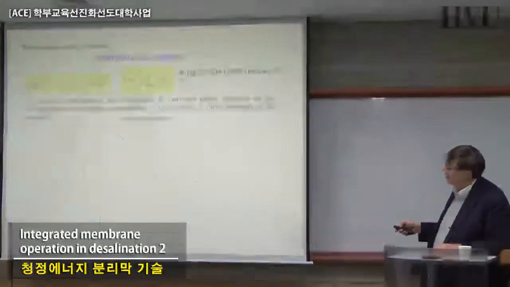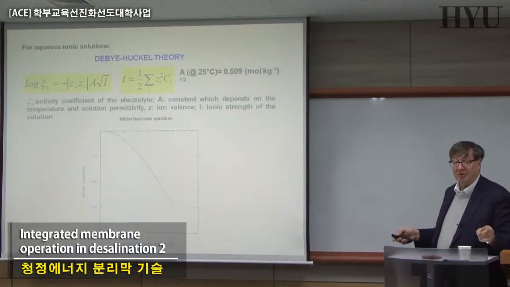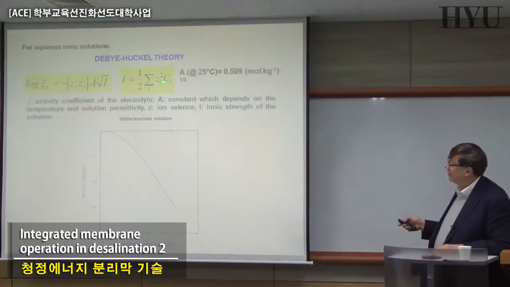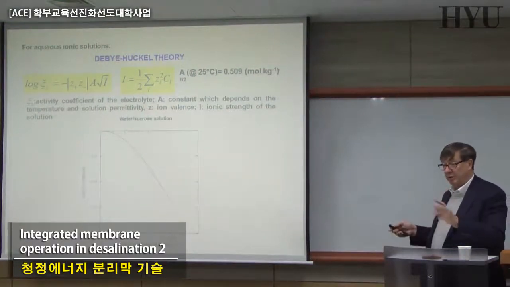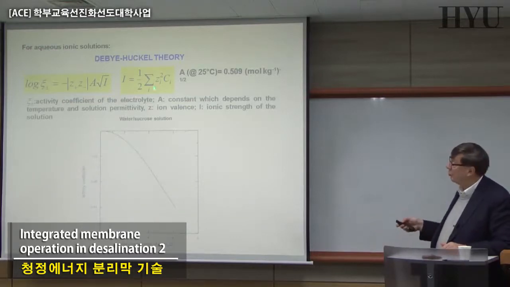So this equation is telling you that the log of the activity coefficient is given by the product of the charge of the ions and the square root of the ionic strength, not of the concentration. Being ionic strength, the charge times the concentration times the square of the charge of the ions. So this means bivalent ions have a different effect than monovalent, and trivalent a different effect, etc., through a square. So it's an important effect.